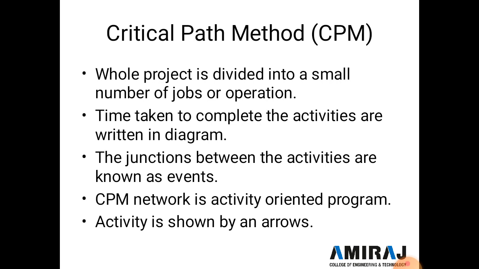Where the arrow starts is the head event, and the end of the arrow is known as the tail event. So the activity is shown by the arrow, and the arrow length does not show any duration or time, like a 5 centimeter length of the arrow is compulsory, etc. No rules for the arrow. So arrow length is not fixed.